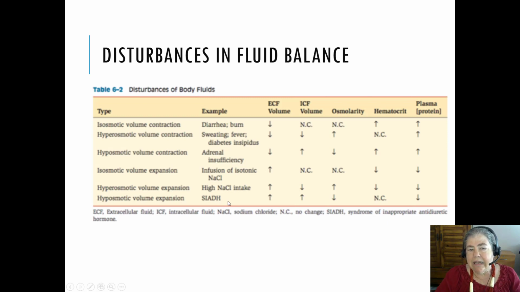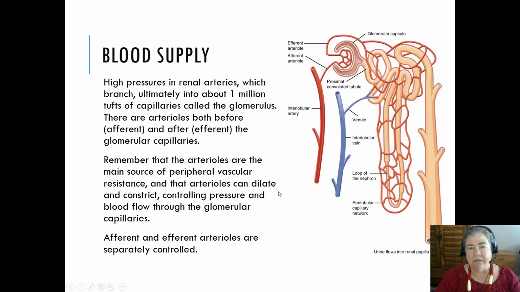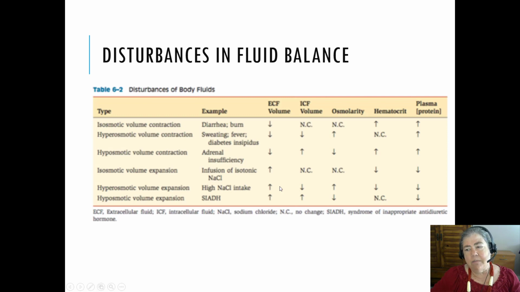If you make excess ADH, or antidiuretic hormone, which happens sometimes after head injuries, sometimes with certain tumors, particularly small cell lung tumors, but other tumors as well, can produce an ADH-like substance that acts as ADH in the kidneys, preventing the loss of water, basically making us hold on to a lot of water but not salt, because ADH acts in a part of the kidney where salt and water are handled differently.